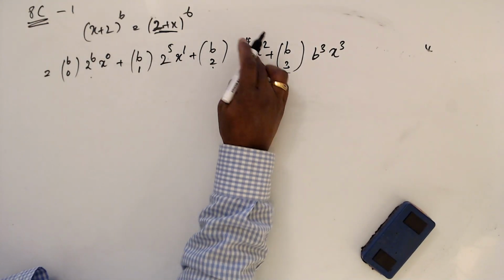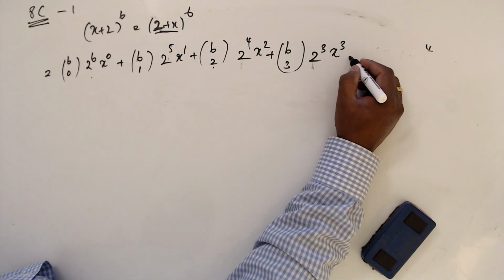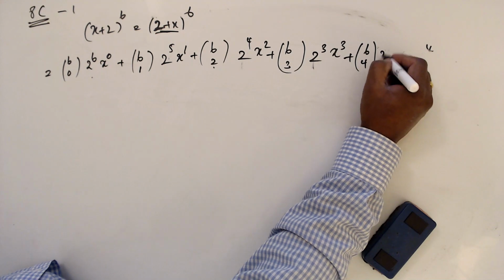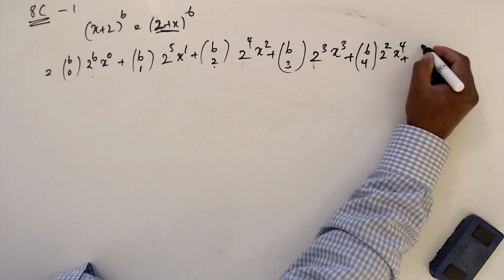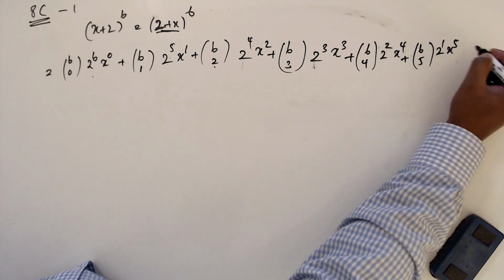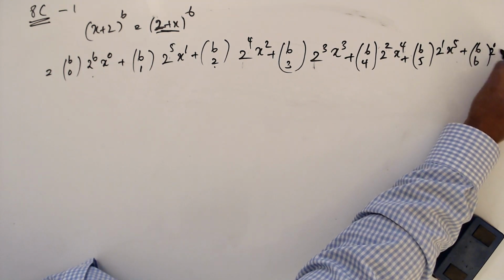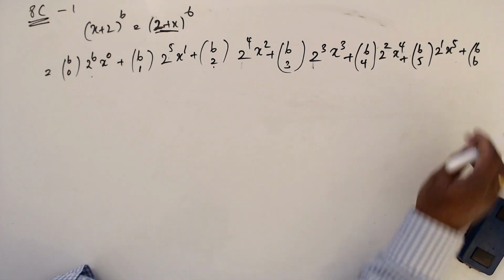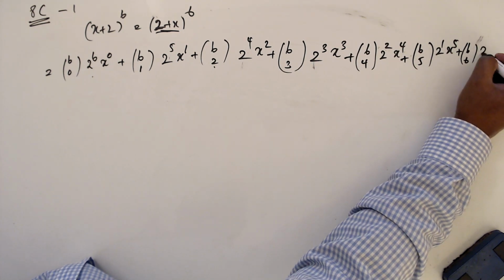This is 2, because this term is 2. 2, and 6, 4, x4, 2, 2, and 6, 5, x5, 2, 1, and 6, 6, 2, 0, x6, or 6, 6, x6.